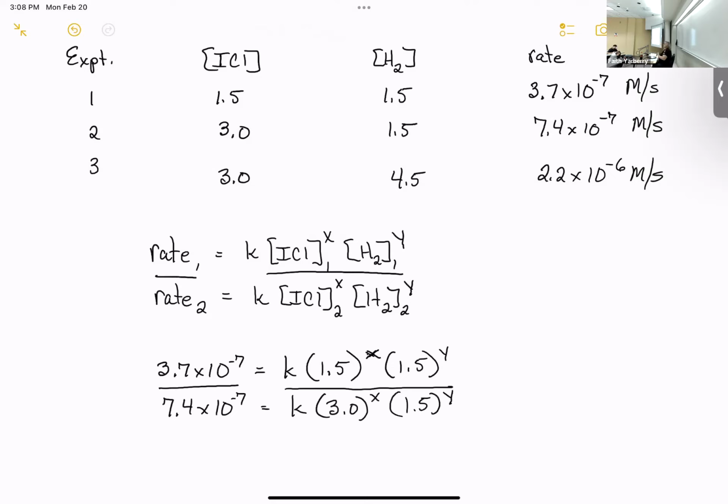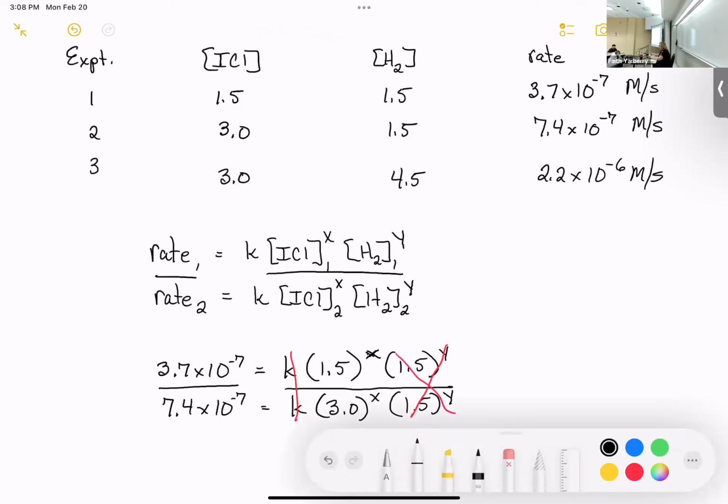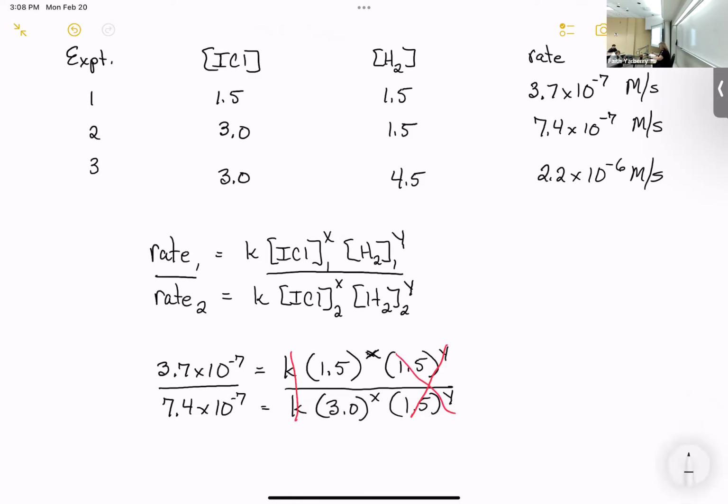In other words, the reason the method of initial rates works is you're taking only one substance that undergoes a change. The other one is being held constant, and by holding that particular one constant, it completely cancels out, as does the rate constant. That really does simplify the problem, and we can solve for just one variable at a time.